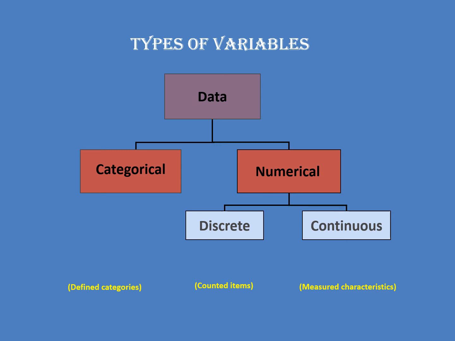Now with categorical you have, for example, defined categories. In numerical and under discrete, for example, you have counted items, and then under numerical again and under continuous you have measured characteristics.